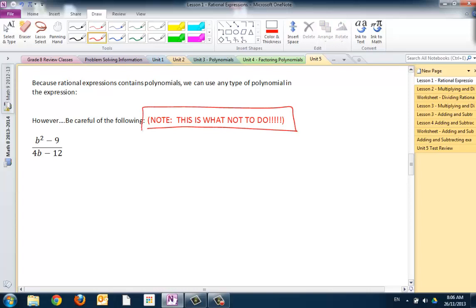Many students will look at an example like this, and they'll see that b squared minus 9 and the 4b minus 12, and they'll start to do what we just did a moment ago with the monomials. And they'll say, oh, I can take a 3 out of there, and I can take a 3 out of there, and I can cancel that b into that. Well, unfortunately, that is incorrect. When I am dealing with binomials or polynomials of any type greater than a monomial, anything that is separated by an addition or subtraction sign, I have to treat as if it was one piece.